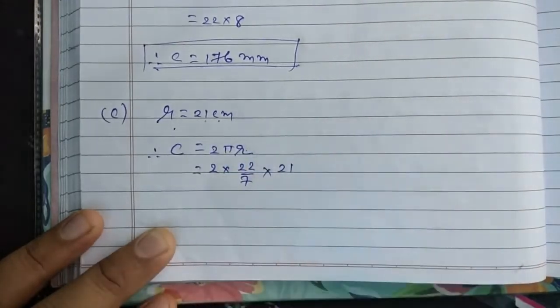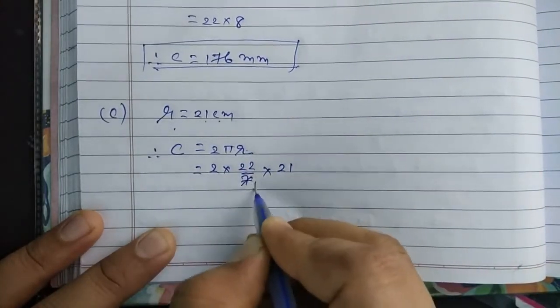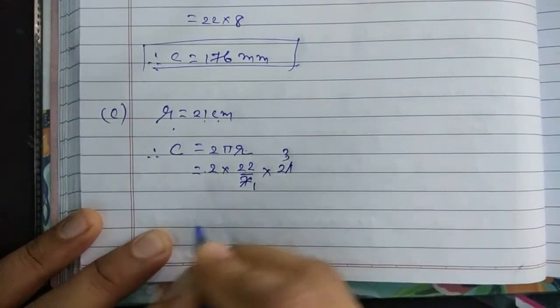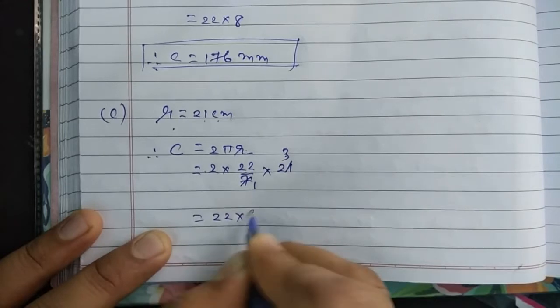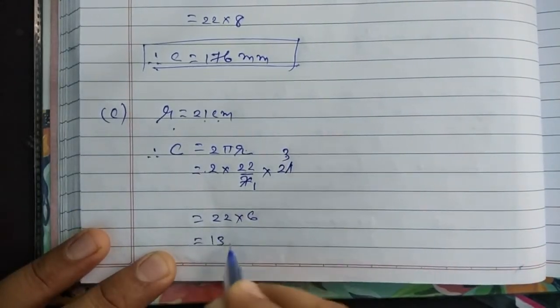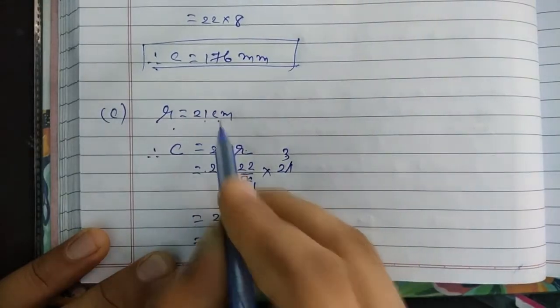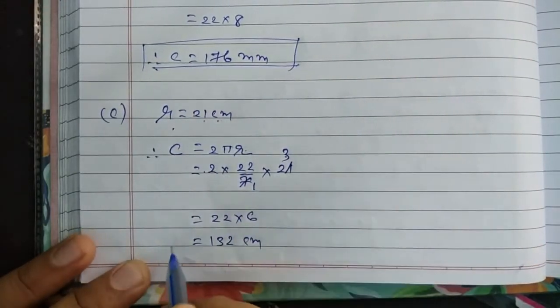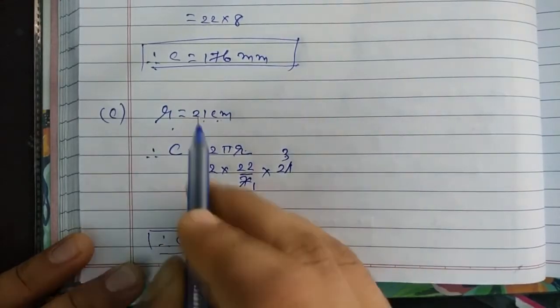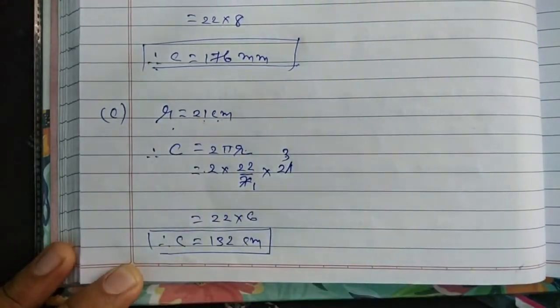It is 21. 7 ones are 7, 7 threes are 21. 3 twos are 6. So 22 multiplied by 6. 22 sixes are 132. And what is the unit? That is centimeter. So here we got our circumference, that is 132 centimeter for radius 21 centimeter.